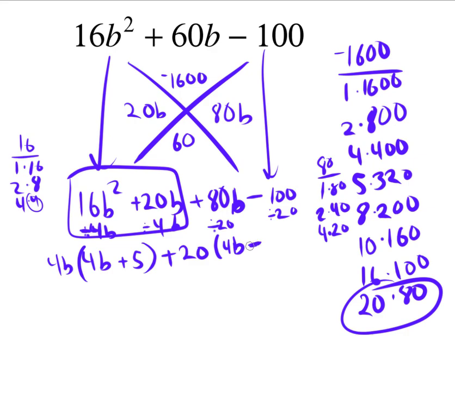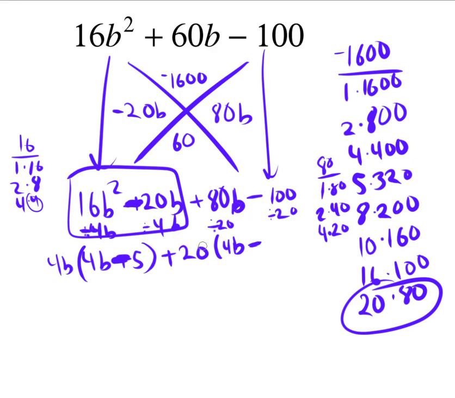No? What did I do wrong? Oh, I forgot to make one of these a negative number. That's what. The 20 was supposed to be a negative 20, which was, I made a mistake. So here we go. This ends up being negative 20 here. When I divide by 4b, this is a negative 5 here. That's what I did wrong.